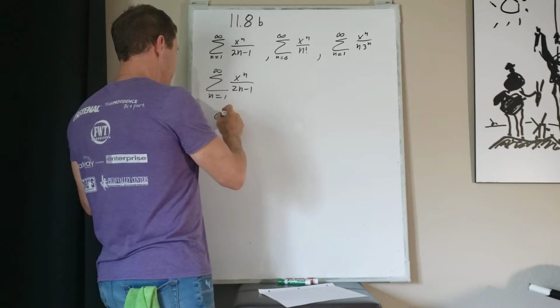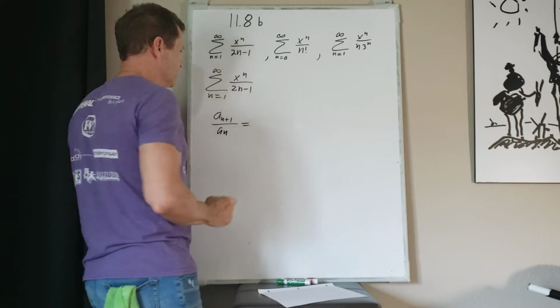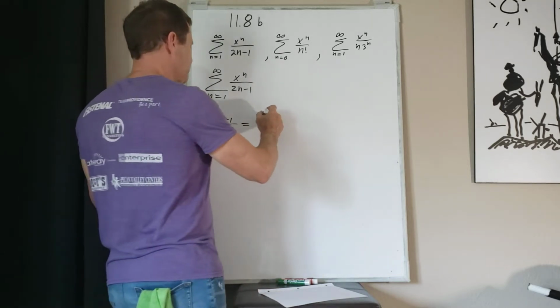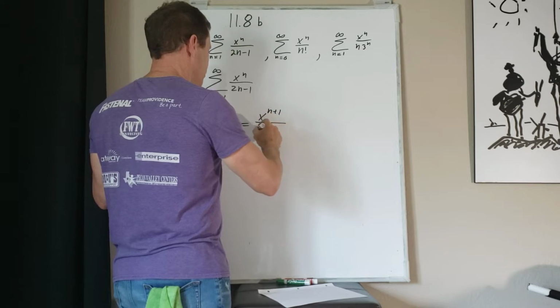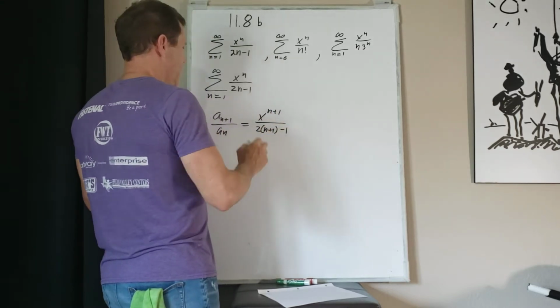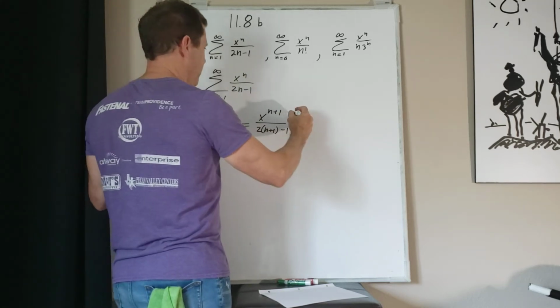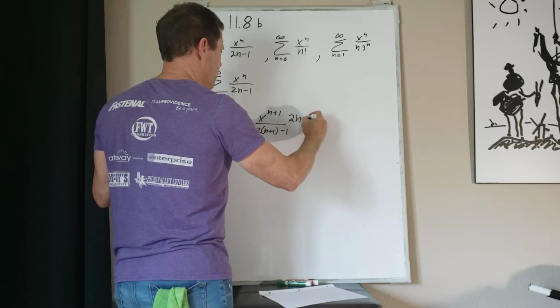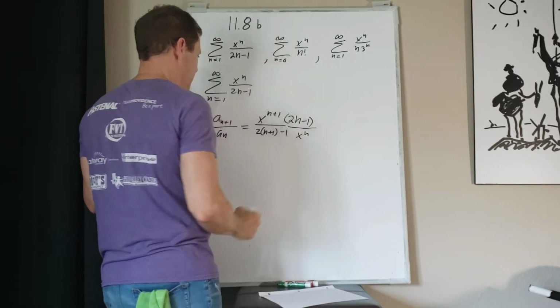Let's see what a_(n+1) over a_n equals. So that will be x to the n plus 1 over 2 times (n plus 1) minus 1. And then I've got to divide it by a_n, so I take this, put it underneath, which is just flip that. So I get (2n minus 1) over x to the n.